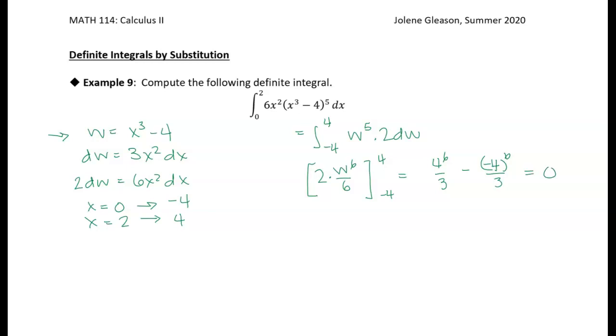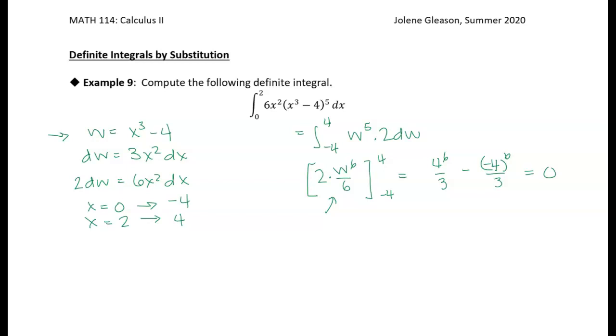All right. Now, you don't have to transform the limits of integration. If you don't transform the limits of integration, then essentially this is your antiderivative, and then you want to substitute the expression for w in terms of x, right?